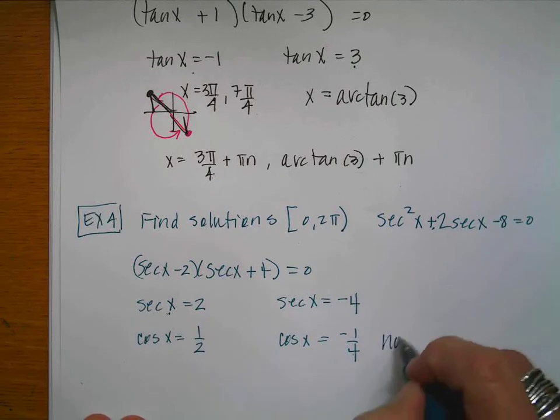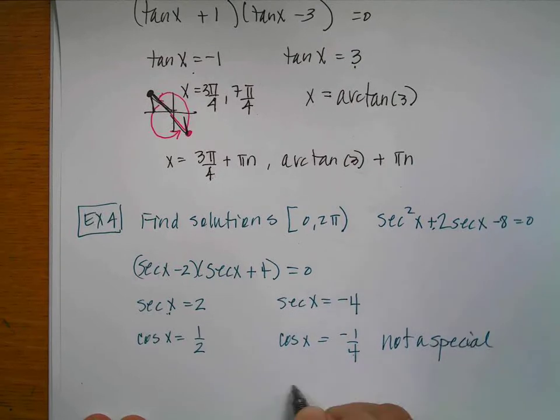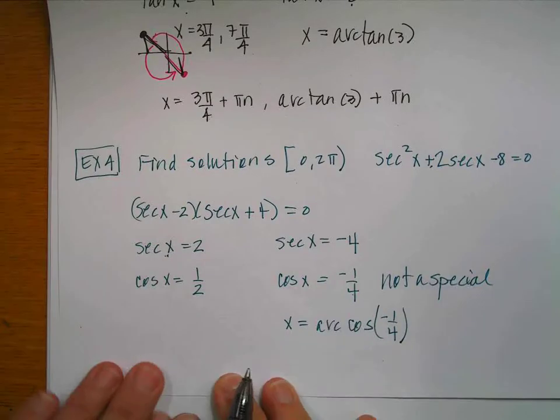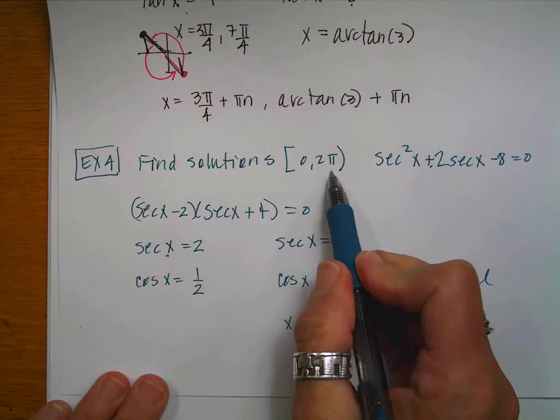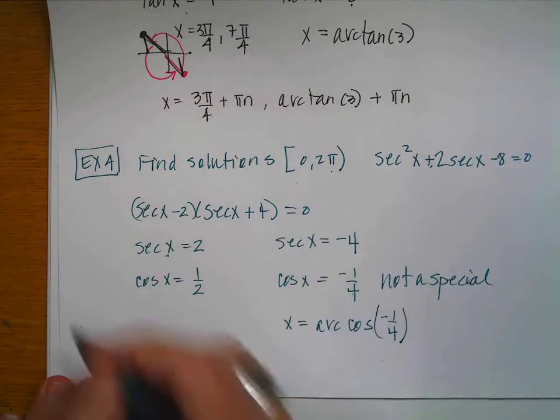Okay? This one is not a special, and by that I mean it's not a special right triangle. So on this one, I'll get x is equal to the arc cosine of a negative 1/4, and I'm going to leave it like that. This one, there's no plus pi anything because I'm only talking about one positive rotation.